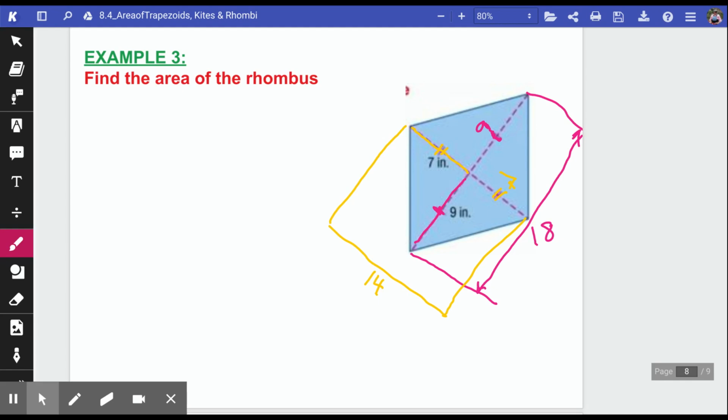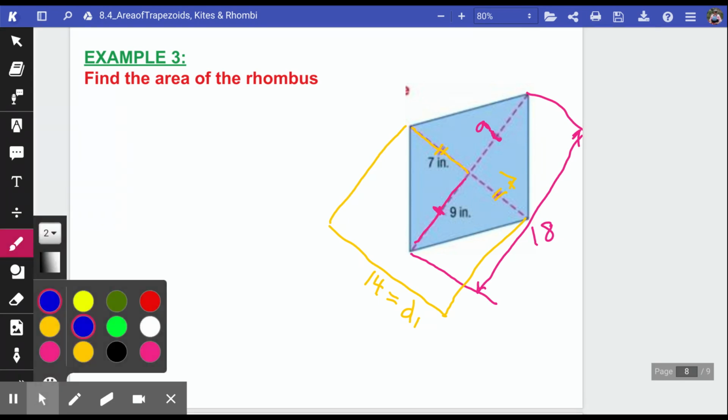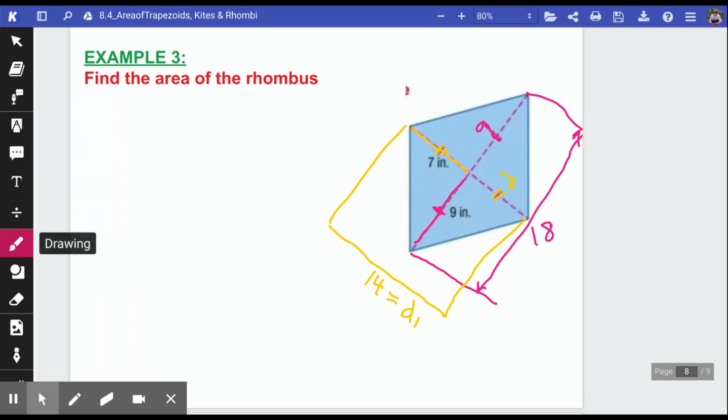So my diagonals are those distances, 14 and 18, when it kind of looked like it might have been 9 and 7 to begin with. But knowing that this right here is the midpoint of both diagonals.